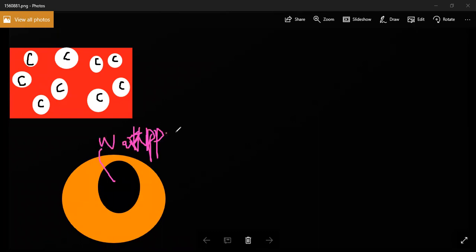For example, this is Vattalapam, and let's say this is one atom of Vattalapam. I'm just taking Vattalapam to explain you very clearly.